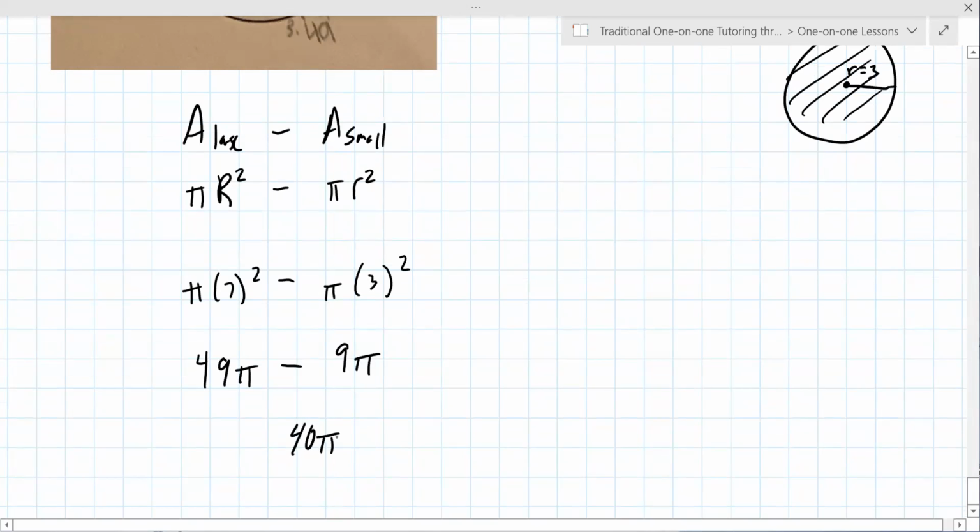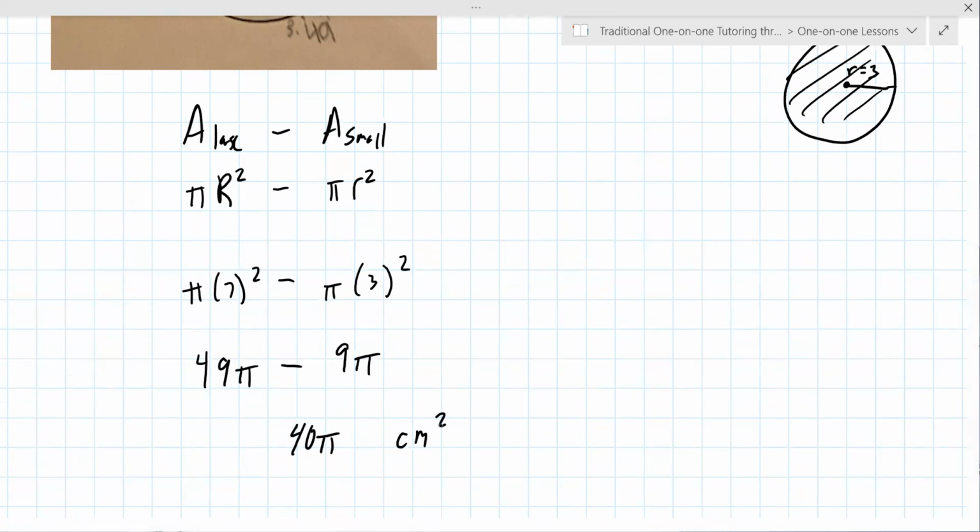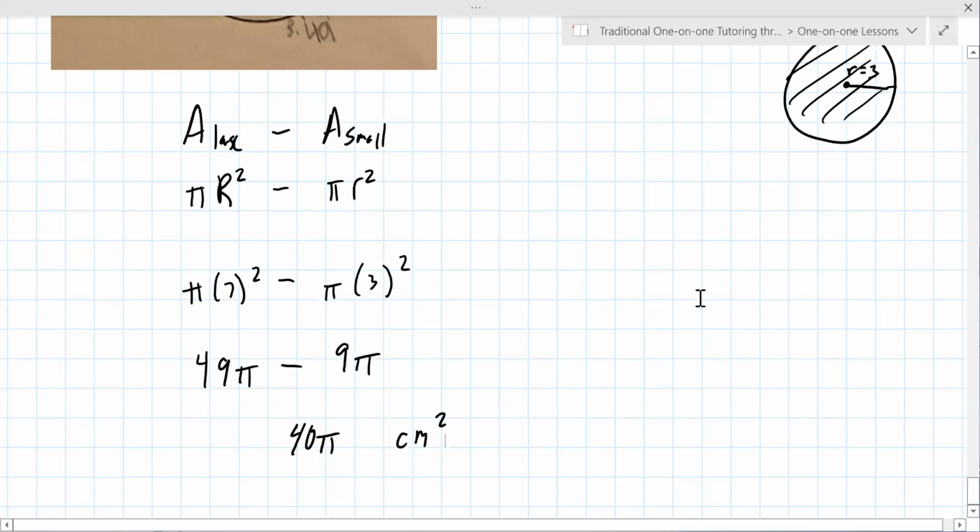You need units, centimeters squared. That's your exact, and then your approximate would be 120 point whatever. These aren't really too tricky once you use your math knowledge.